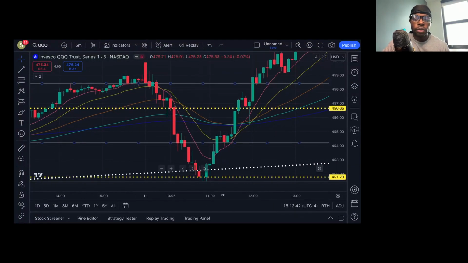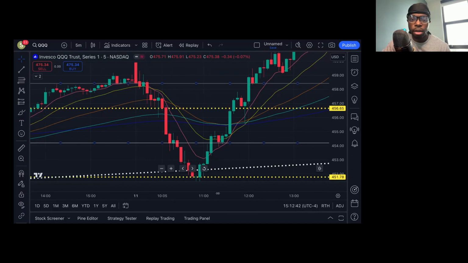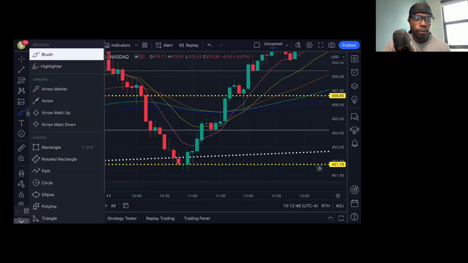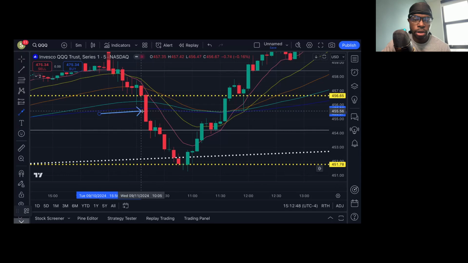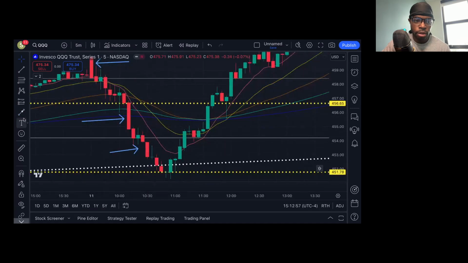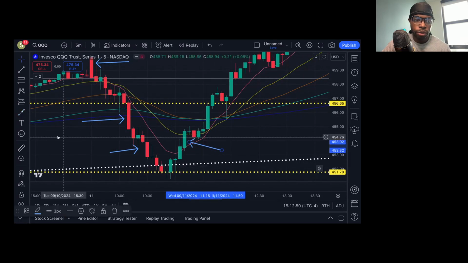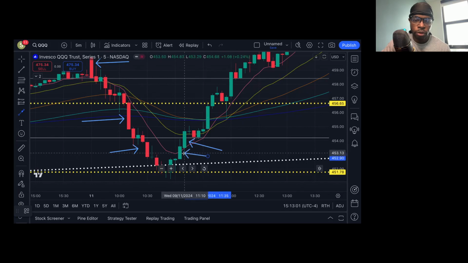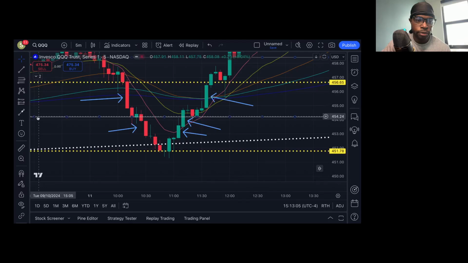Okay. So the first thing we need to understand is, and I talk about this in all the videos, we need to know what a trend bar is and a non-trend. So this is a trend bar. We have another trend bar here, another trend bar here. And those are red trend bars. These are green trend bars. So we need to know what a trend bar is and a non-trend bar. Now, what are some non-trend bars?